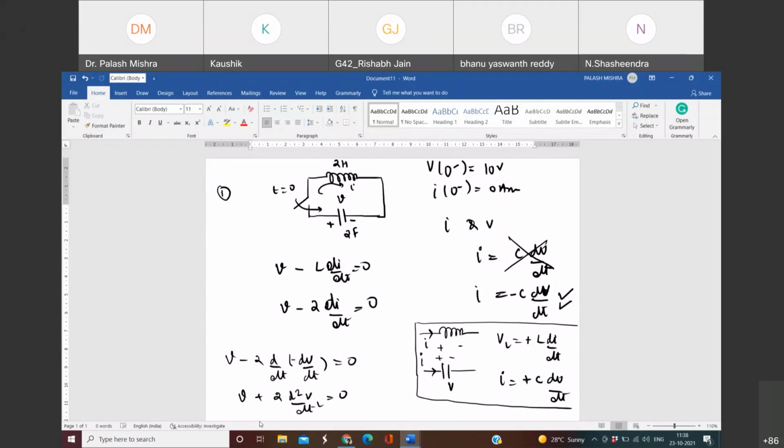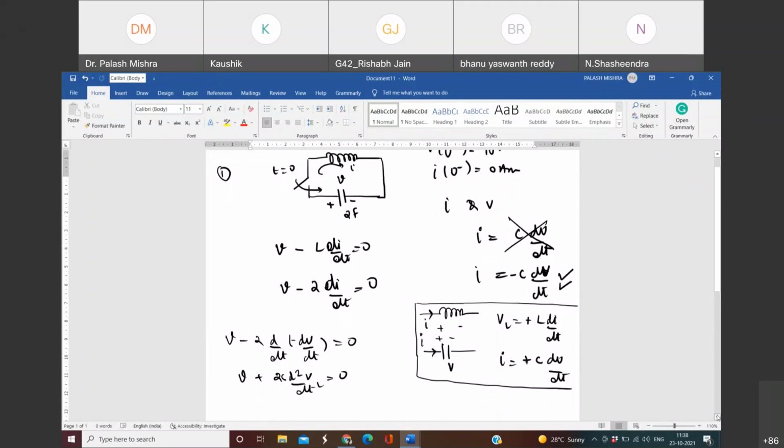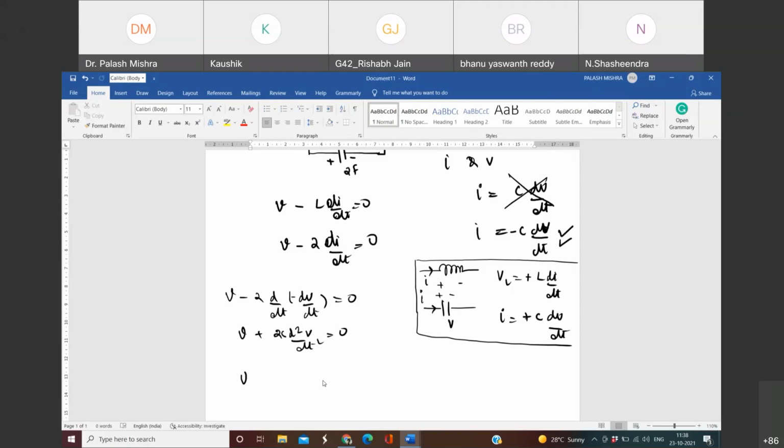Anything wrong I did? I think C is missing, right? Yeah, C was missing. I'm sorry. So here it will be V plus, C value is again, I think, 2 farads, so it will be 4 times d square V by dt square.